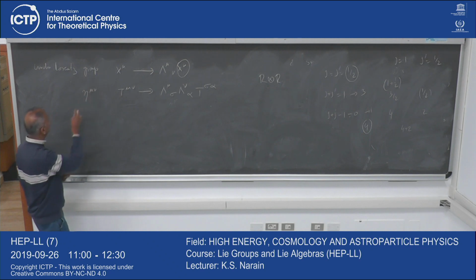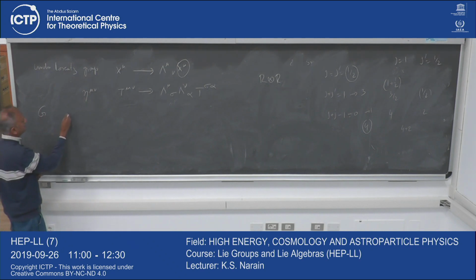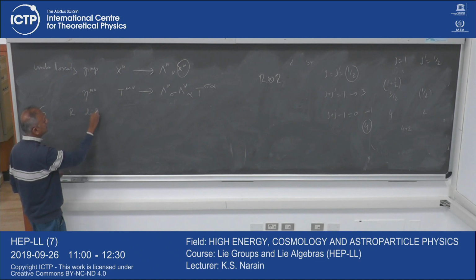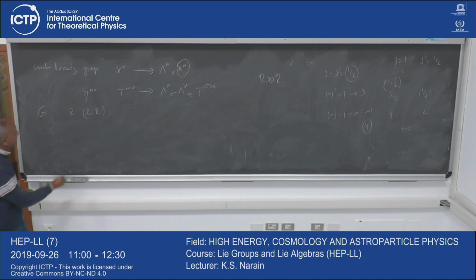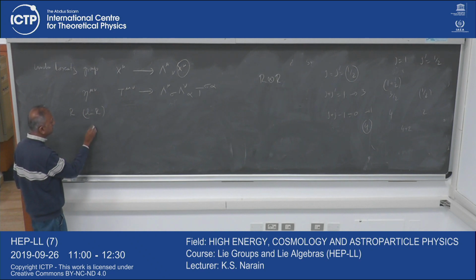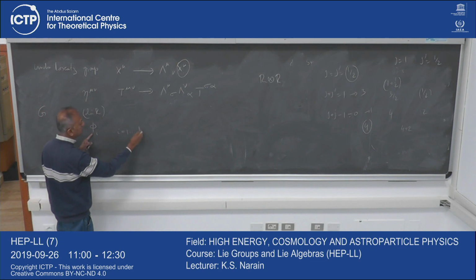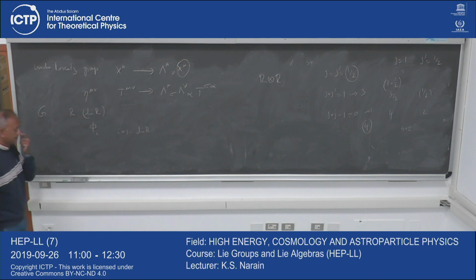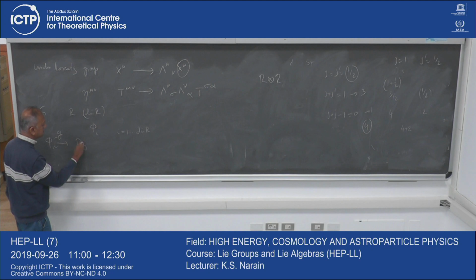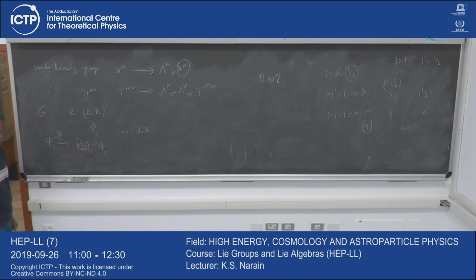This was a particular group, the Lorentz group, but in general there will be some group G, and I have some representation R of dimension dim R. Then the states in that representation, φ_i, with i going from 1 up to dim R. The various group elements will act as φ_i going to R(g)_ij φ_j in that representation.